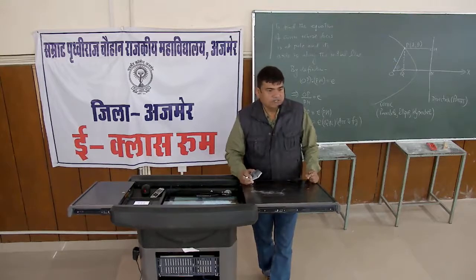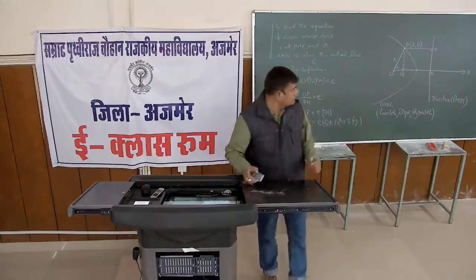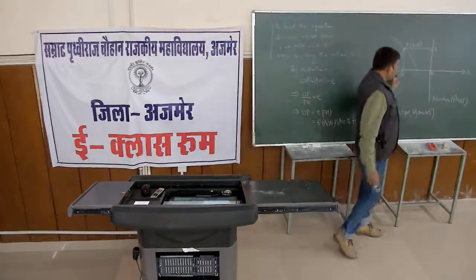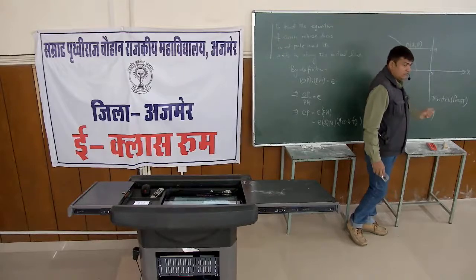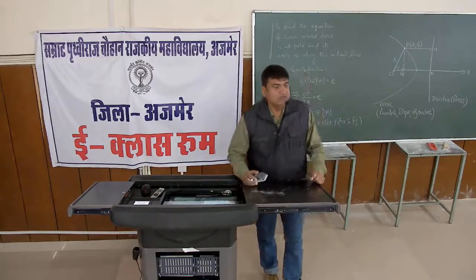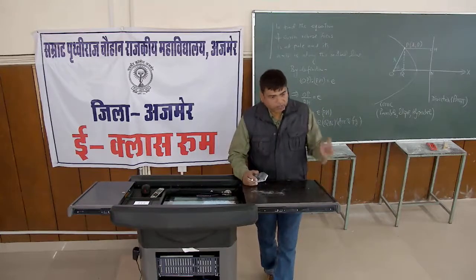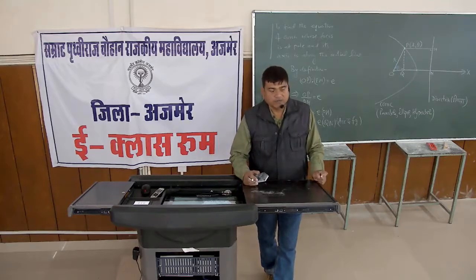Whenever you do mathematics, it is better to think what is given and what is required. Given: focus is given, directrix, eccentricity is e. What is required? We want to find the equation of conic, meaning parabola, ellipse or hyperbola, depending on the value of e.